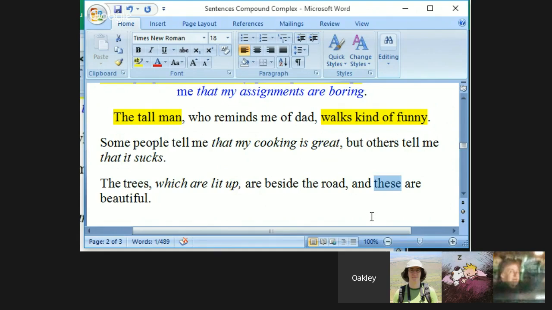But usually, to talk about something which we are maybe showing someone, it seems a little uncomfortable here. For me, it would be better to say, "and they are beautiful." Oh, I see. Okay, because you're referencing them, and I need a pronoun here.